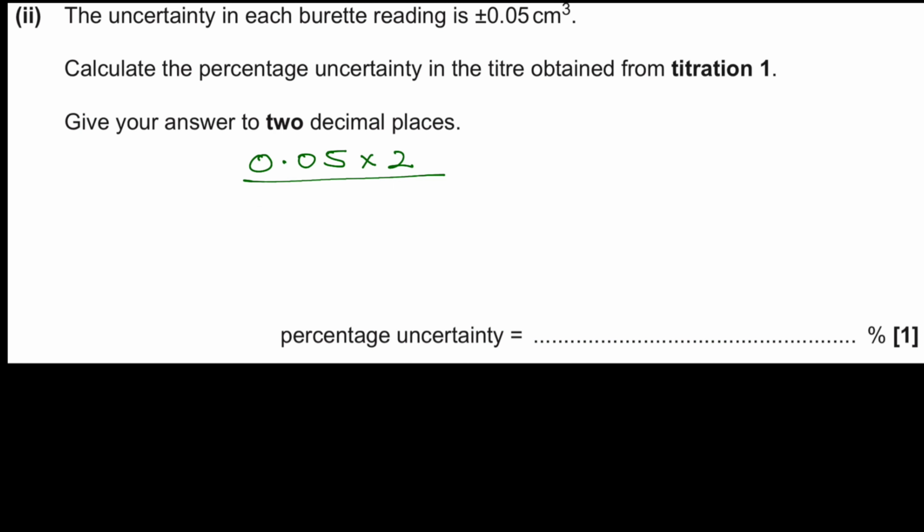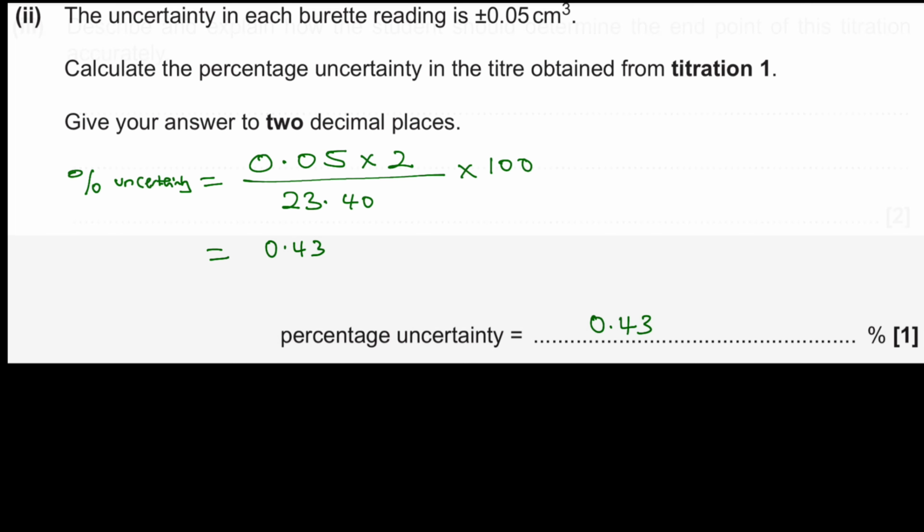So we write 23.4 down, and then we times it by 100 for percentage uncertainty, and that will be equal to 0.43 down here.